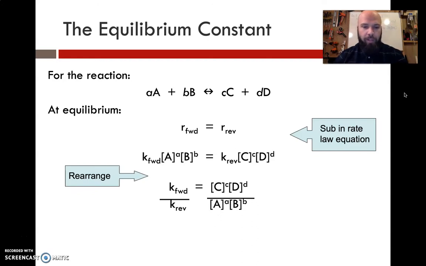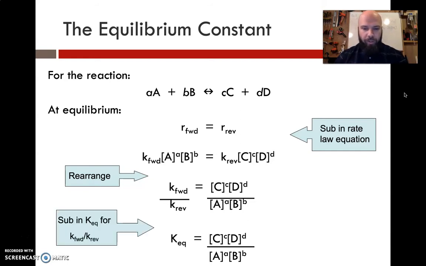We can rearrange this to have just our K value, so the forward rate constant divided by the reverse rate constant, and then get this expression where you have the products over the reactants all to their own coefficients. Sub Keq in for the other two rate constants, and that's what the equilibrium constant is.